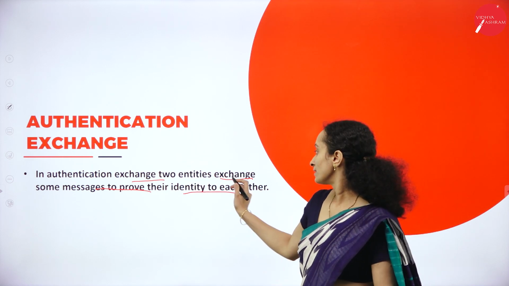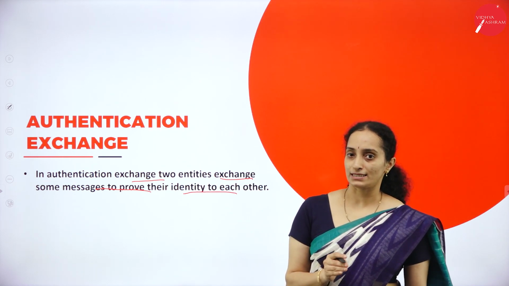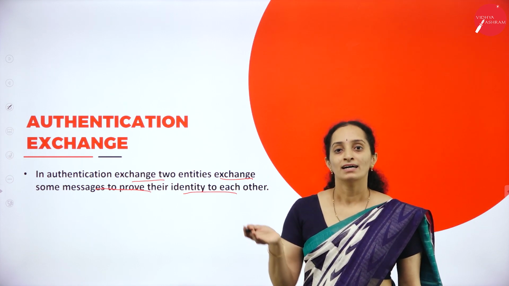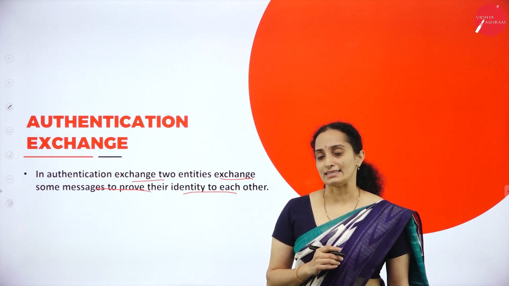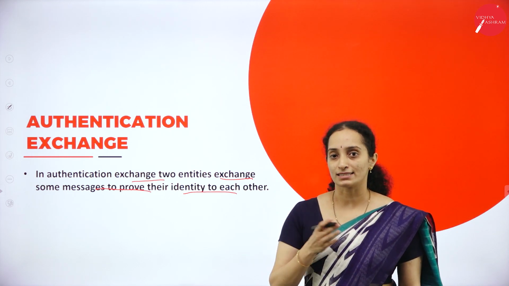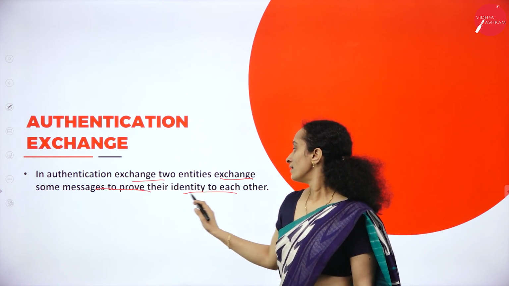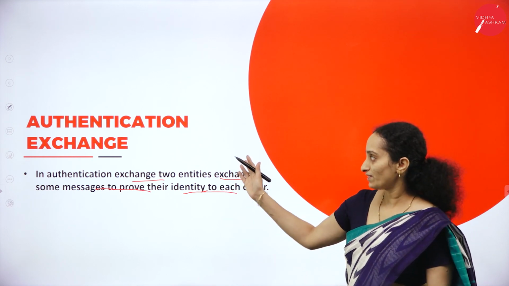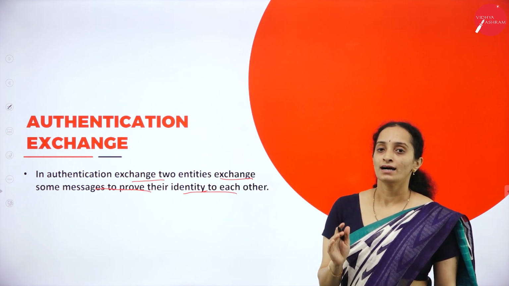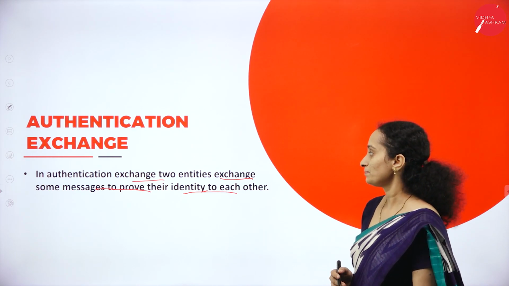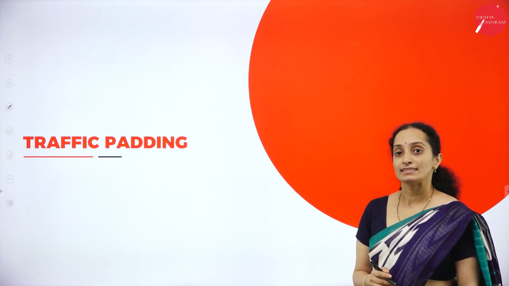There will be some secret messages which ensure that the sender is authenticated to the receiver and the receiver is authenticated to the sender. Both will acknowledge the authentication of each other. So, the main thing is you have to authenticate the identity of the sender as well as the receiver.